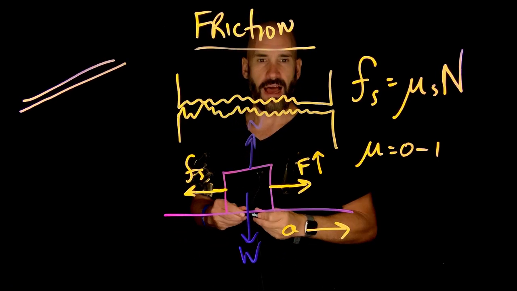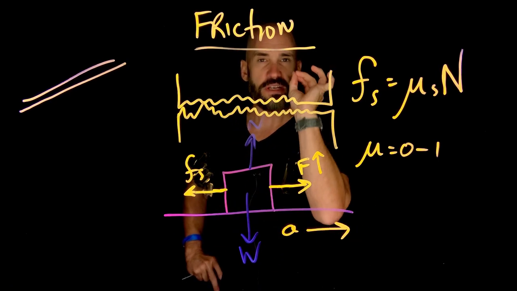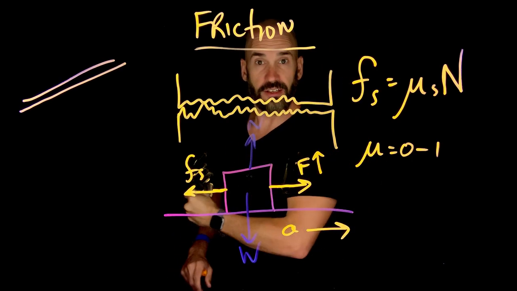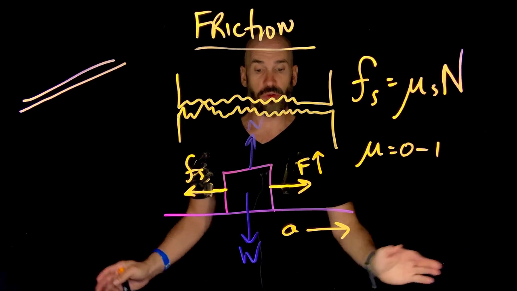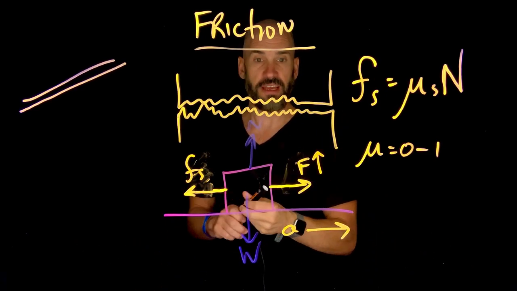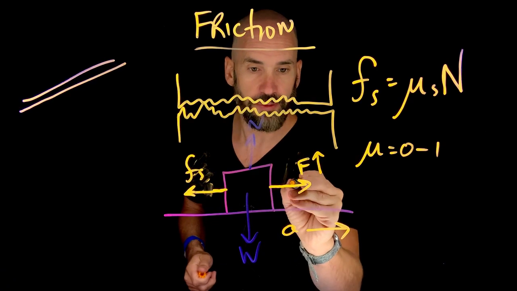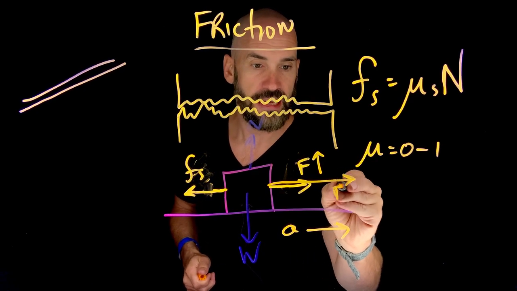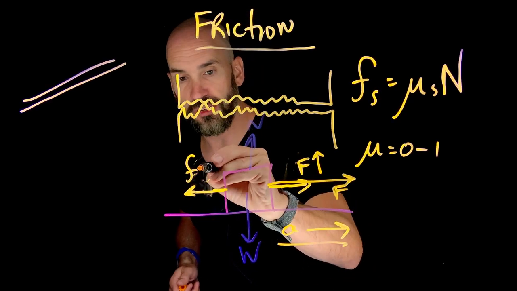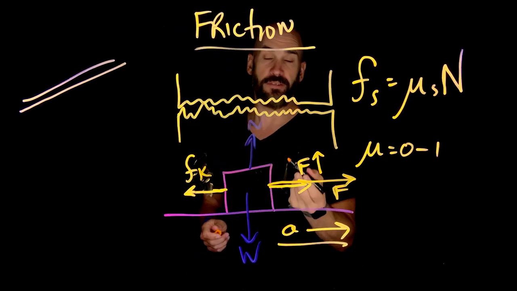Okay? Now, the second you get that acceleration, the second it starts to move, the static friction goes away, and you have something called kinetic friction. Okay? So as soon as this is big enough and this actually starts to accelerate, then now this turns into kinetic friction, which is a little bit different, right?